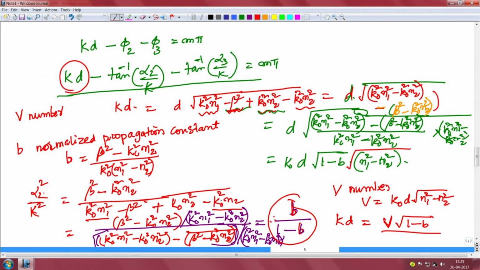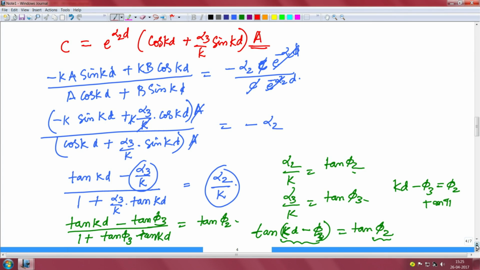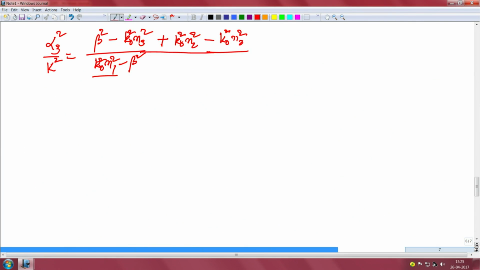We can add k0 square n2 square, k0 square n2 square. Because we need n2, we have added n2, minus k0 square n2 square, which gives us beta square minus k0 square n2 square here.